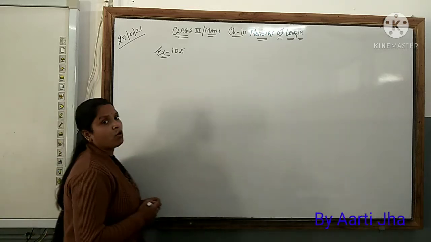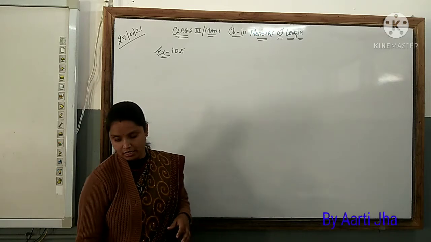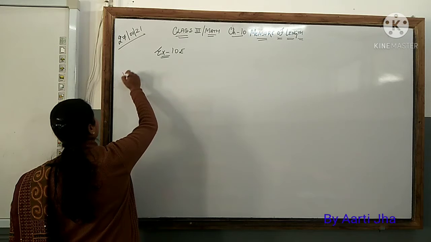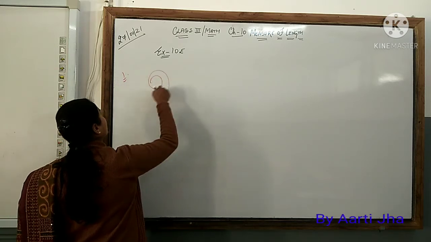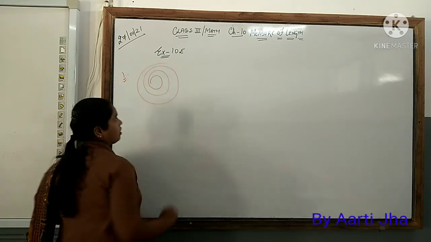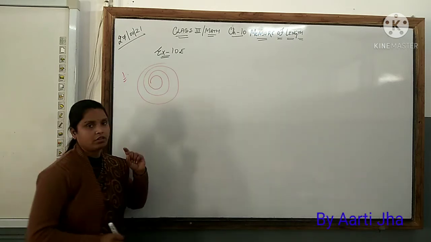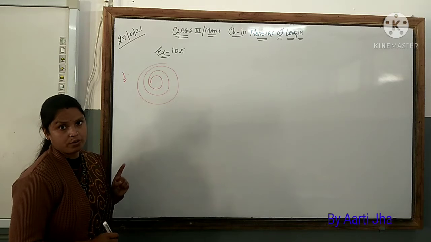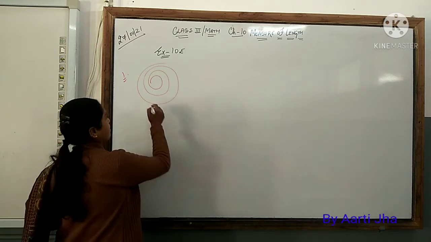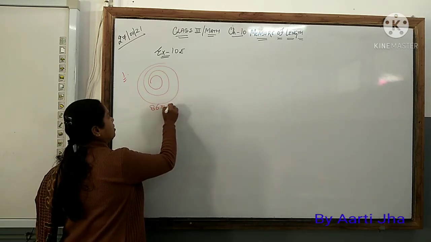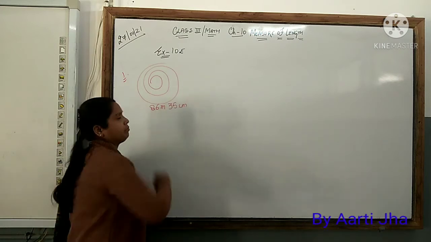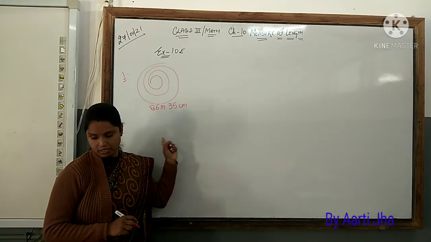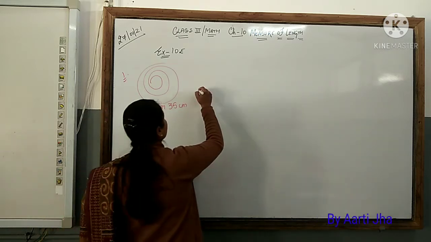If I talk about a roll of rope, it means a number of coils are there in that rope. Like this, a bundle of rope is there, and the length of this rope is given as 86 meter 35 centimeter. From this length of rope, I have used this much.